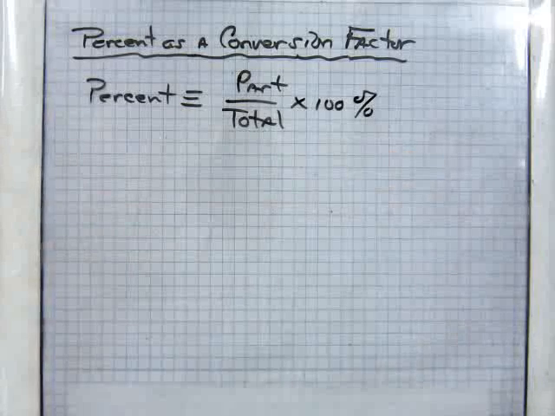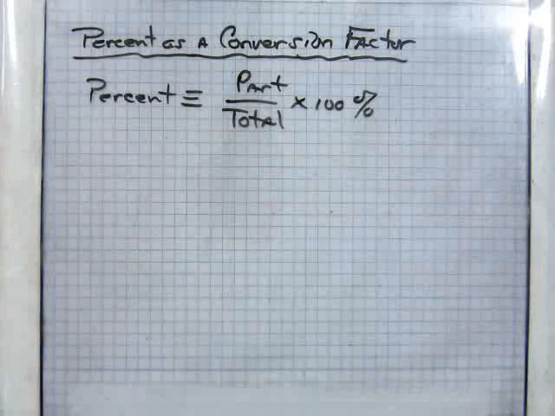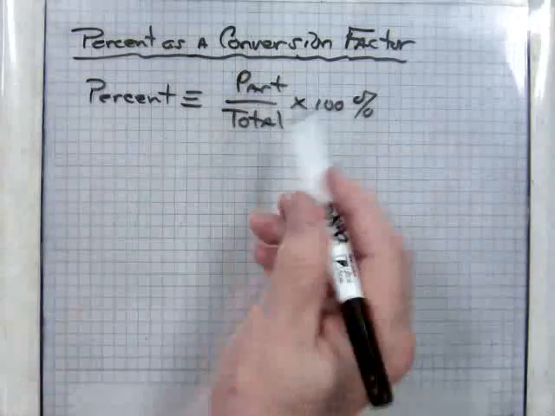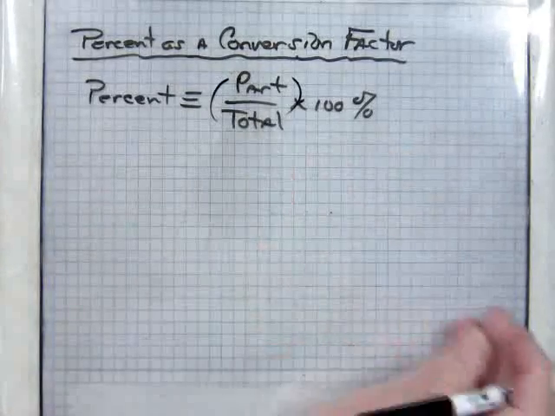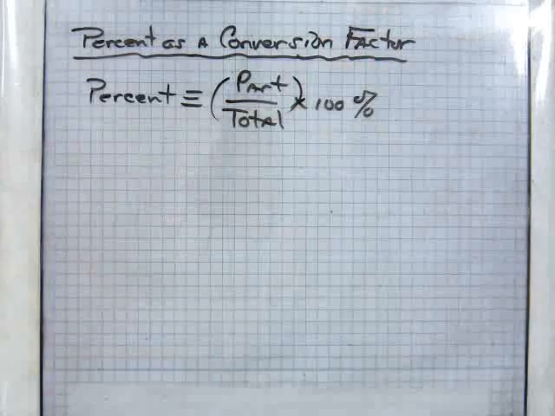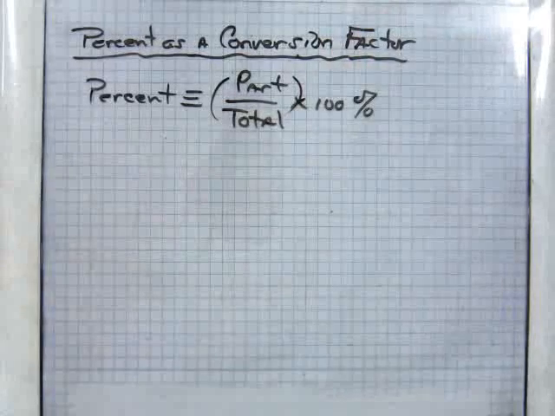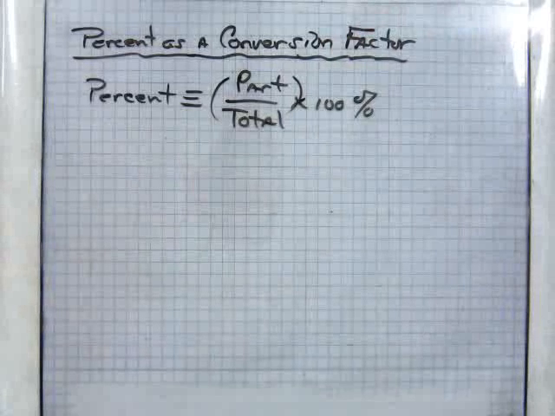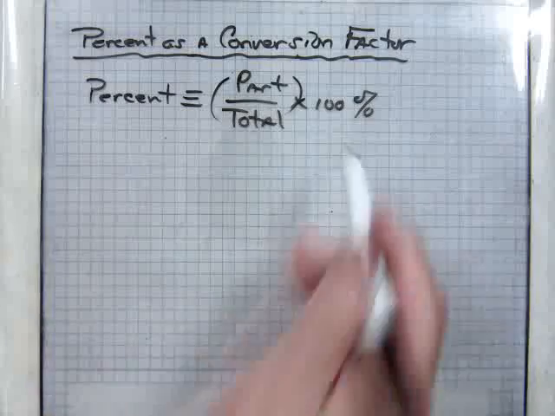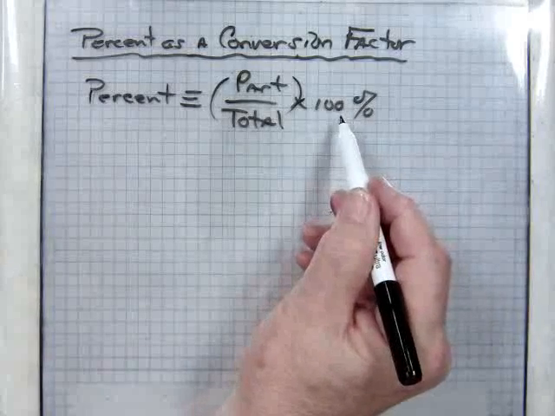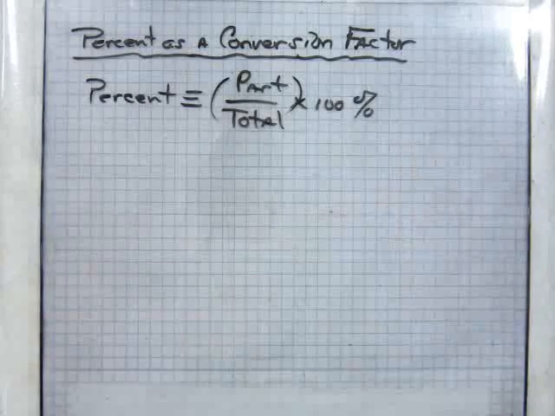Now, I'm telling you nothing you may not already know. But the thing I want to emphasize, this part over total, without the 100 in there, is what we call the fractional quantity. The percent only comes from multiplying by 100 and putting this little symbol on it.